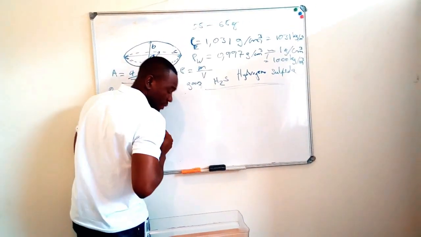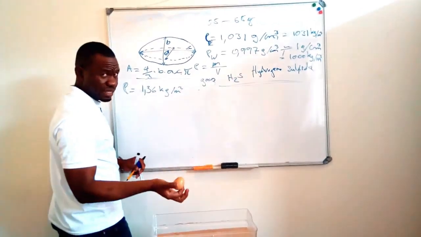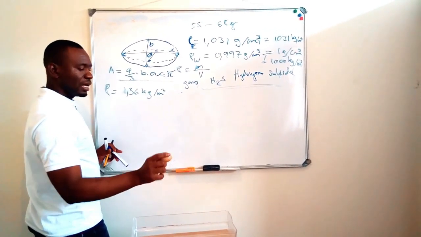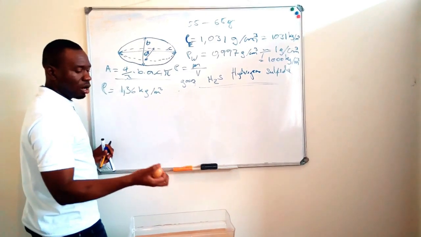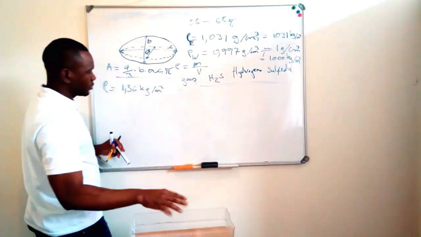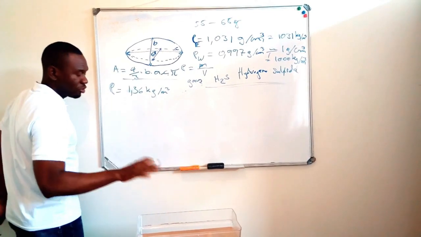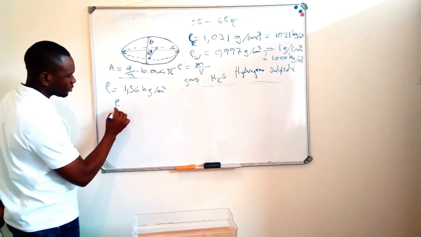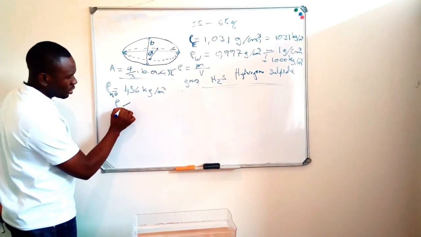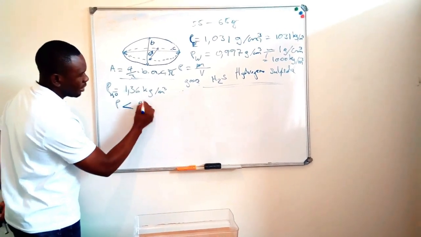So let's consider our egg having 80% of its content in the fresh state, and 20% of its content in the expired, decomposed state. What's going to happen? We all know that for something to float at the surface of water, its density needs to be lesser than the density of water.